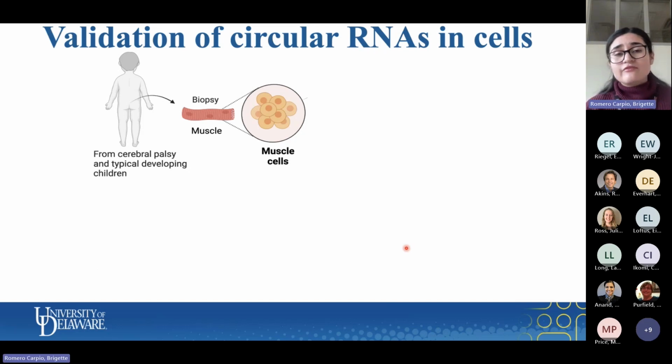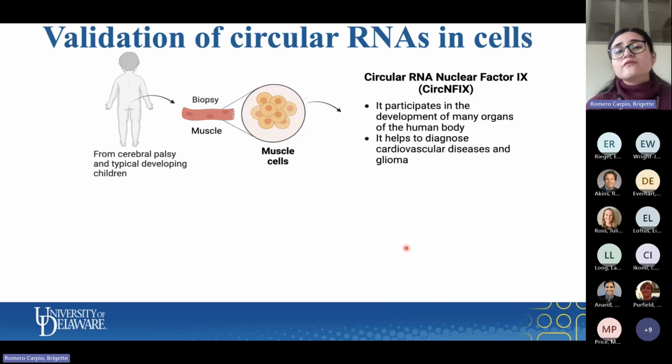After confirming our findings by PCR, we found that this particular circular RNA, known as circular RNA nuclear factor 9, was present at lower amounts in the cells from CP patients. This circular RNA is highly expressed and participates in the development of many organs of the human body, such as brain, heart, and muscle, and is currently being used to diagnose cardiovascular diseases and glioma.